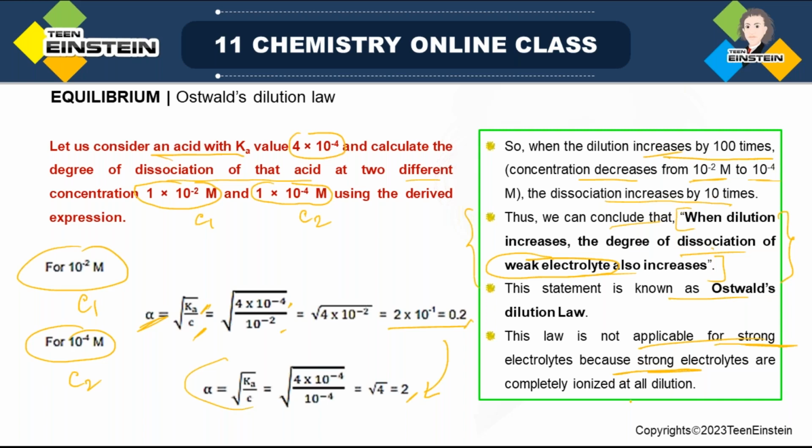Not all the molecules are dissociated. But if you take any strong electrolyte, all the molecules are dissociated, so no question of alpha, and Ostwald dilution law is obviously not possible for strong electrolytes.